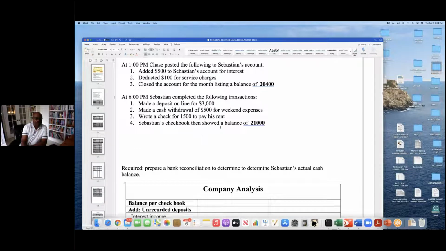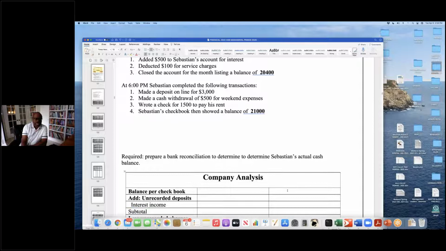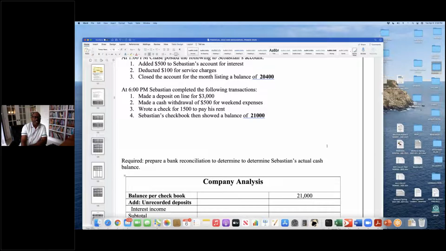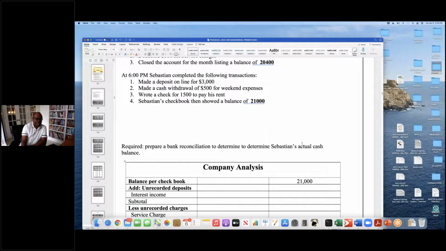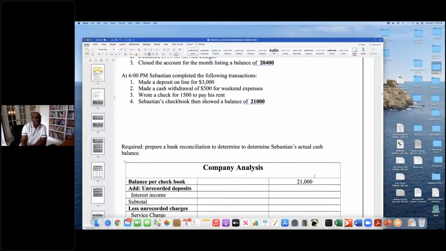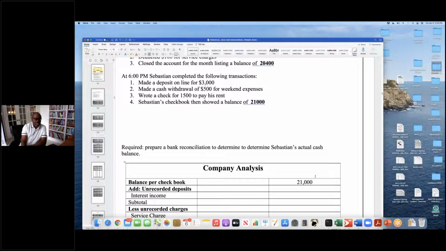So his checkbook says he has $21,000. Wouldn't he have 15,000? You might have a little bit more. I got 21.4. Well, let's look at it and see.